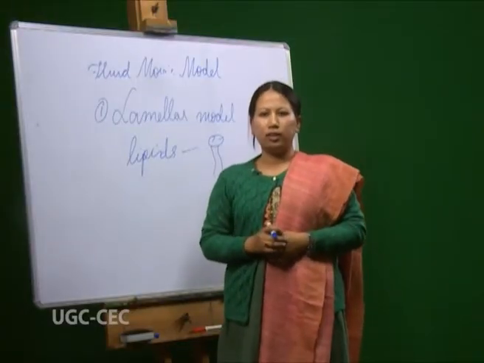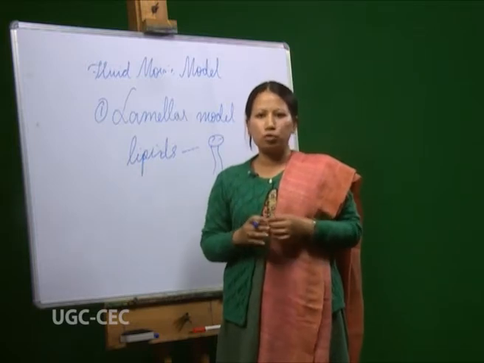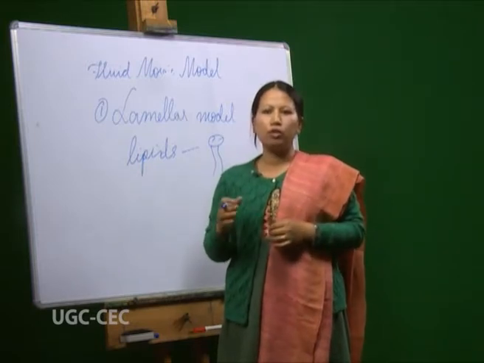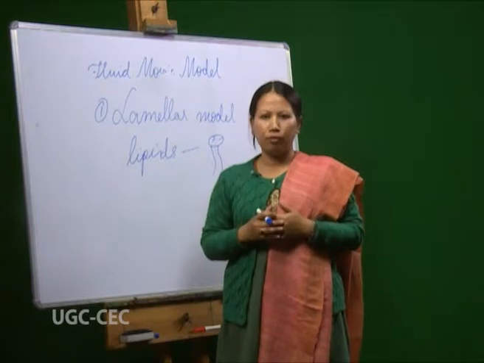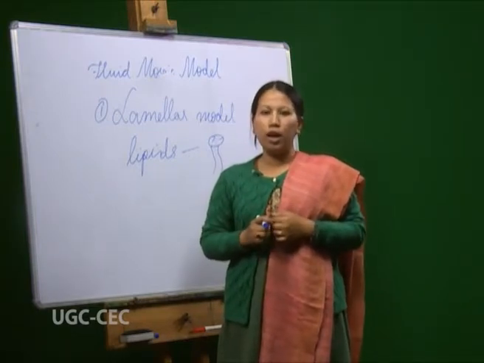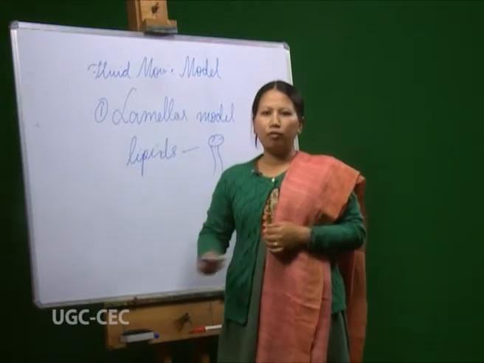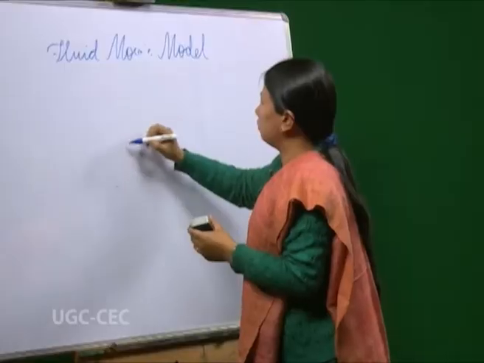Gorter and Grendel in the year 1925 were the first to suggest a possible structure of the cell membrane based on their studies of the cell membrane of erythrocytes from the red blood cell. So, it was thought that the membrane consisted of a double layer of lipid molecules.